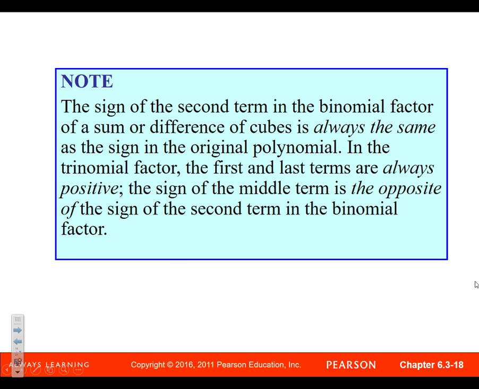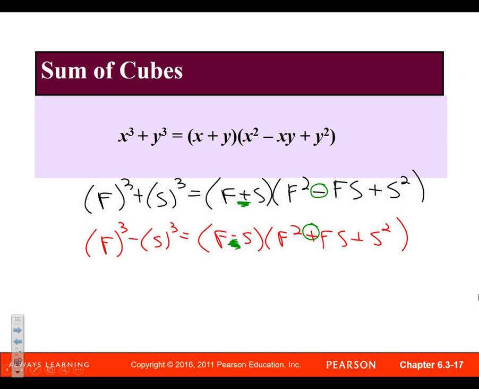In the trinomial factor, the first and the last terms are always positive. The sign in the middle term is the opposite of the sign of the second term in the binomial factor. Here's what it's saying. Notice that if you are adding two cubes, then that's going to be plus, and if you're subtracting them, that's going to be minus. They're saying this is always plus, and this middle one will always be the opposite of that. Okay? And I think I said it already, so moving on.